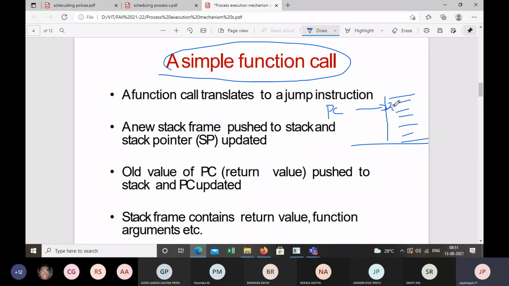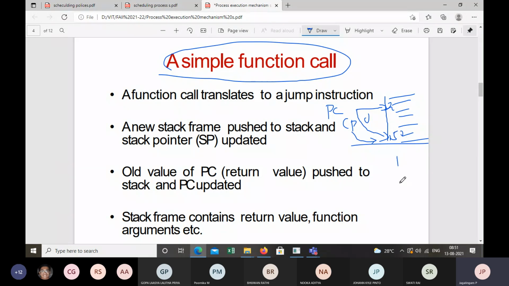In line 2, you have a function call instruction. Now the PC is pointing to this. Therefore, the CPU will execute line 2. Now, when you make a function call, the code for the function is available somewhere at line 150. Therefore, the PC will point to line 150. Then the CPU will execute the code of the function.